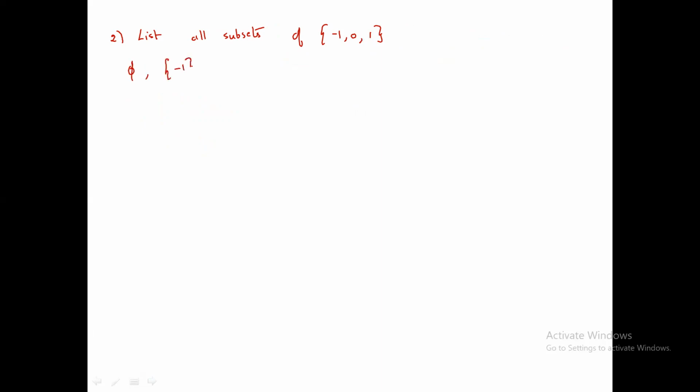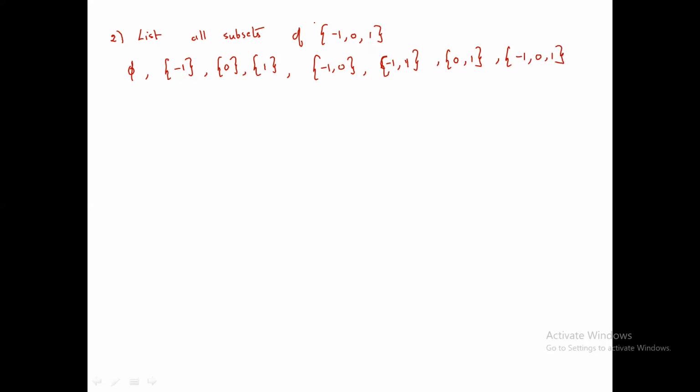Then I will take only -1, only 0, only 1. Now I will take two numbers. That is -1, 0, -1, 1. Any other one? 0 and 1 also I can take. Next I will take all the 3 numbers.